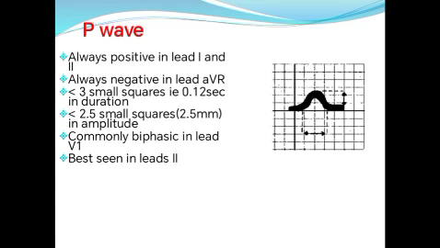That means the ECG velocity should be 25 millimeter per second, and the calibration should be two big squares. This is the first we have to look for, and then we determine the rhythm, whether it is regular, and the heart rate, and then the axis.